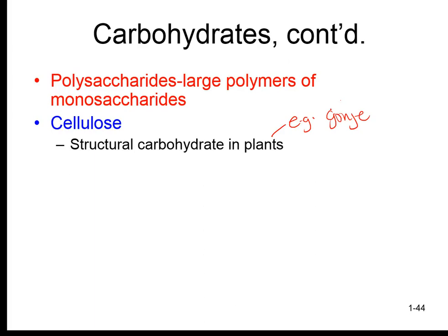So cellulose is a polymer that is used as a structural carbohydrate in plants to make the plants rigid, or to support the plant. We use cellulose. Also, it is used as fibers, like gonje fiber. And also, when you are saying I'm eating fibers, you are thinking about these polymers.